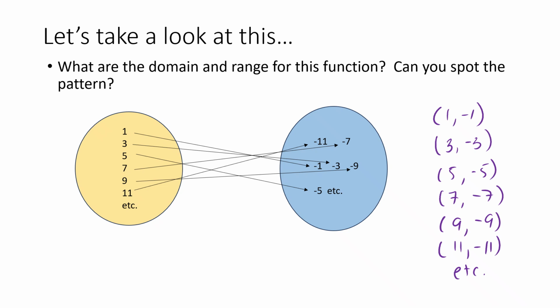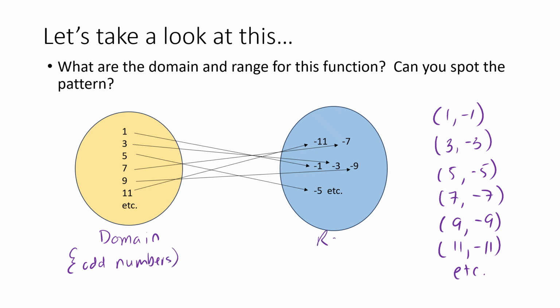So how would we describe the domain? This is the domain. This is my starting set. And looking at it, it looks like 1, 3, 5, 7, 9, 11. So I might say the domain is the set of positive, I don't know if I need to say positive, we'll just say odd numbers. They are positive, but they are odd numbers.